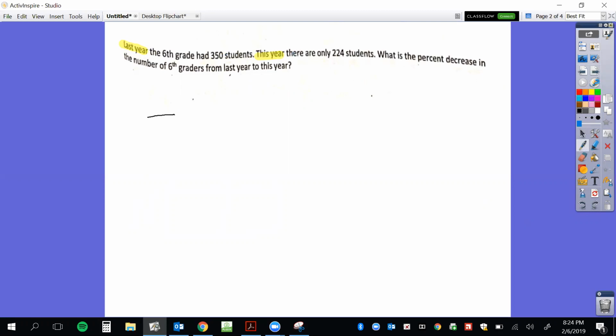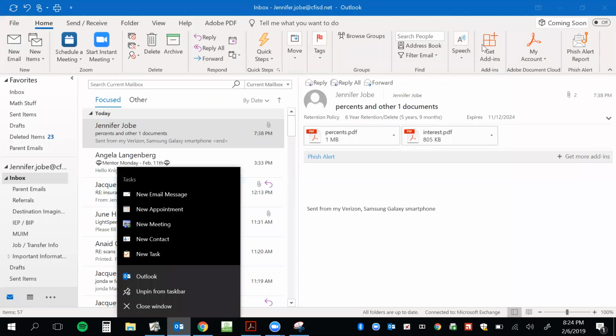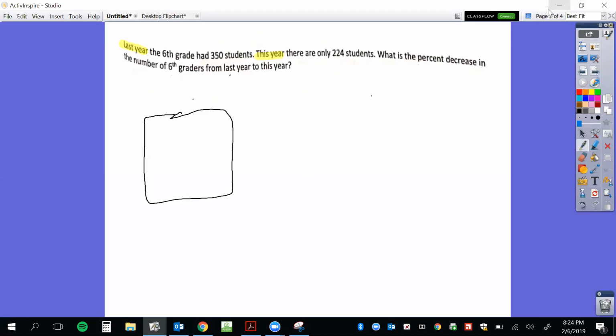So to start with, I'm going to draw my OCN box, and we're going to label it O for original, C for change, N for new. And as always, my percent is out of 100.